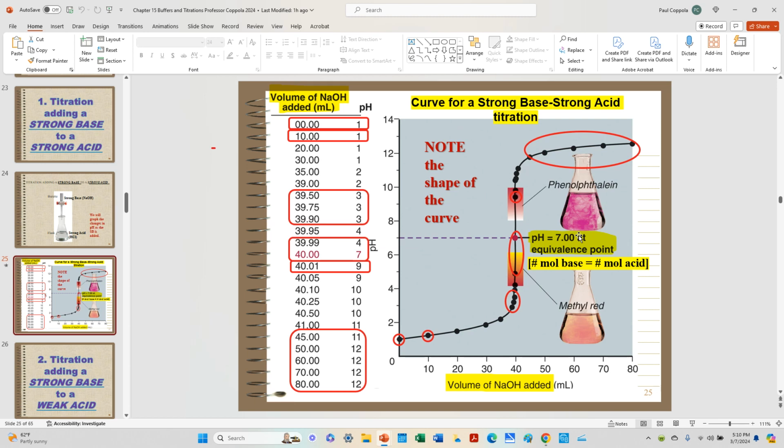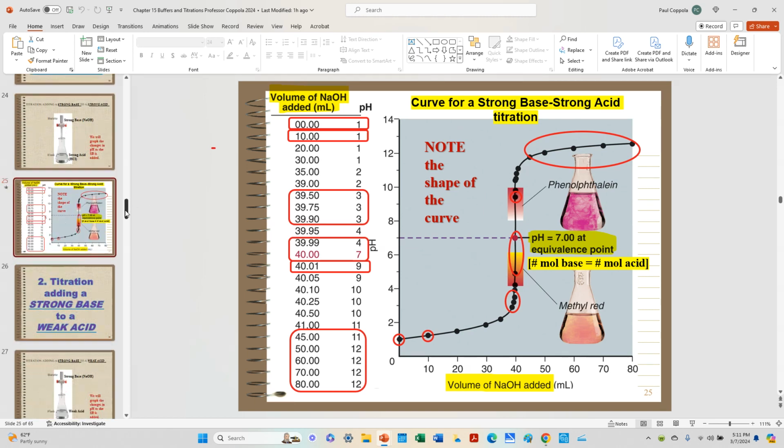So when you titrate a strong acid and a strong base, the pH at the equivalence point is 7. And what's the equivalence point? Number of moles of base equals number of moles of acid. And again, you might see that in a matching question. Equivalence point, number of moles of base equals number of moles of acid. And when that's true for a strong acid and a strong base, you're neutralized, and the pH is 7.